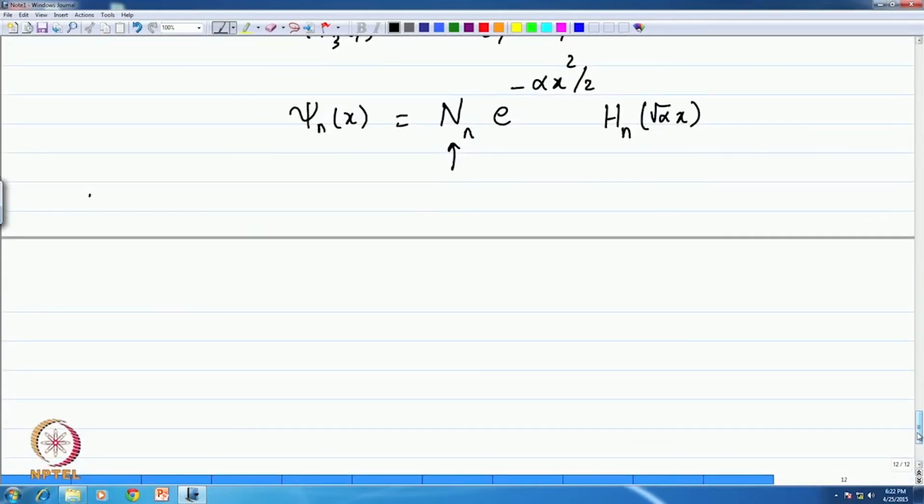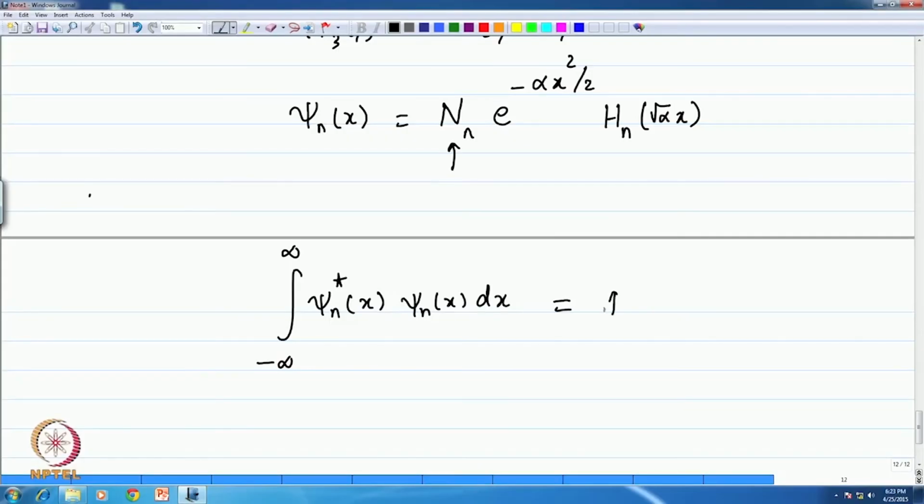And of course, N is such that the integral of psi n star, which in this case is the same as psi n of x, times psi n of x dx, between the limits minus infinity to plus infinity, because the harmonic oscillator position coordinate can go in the negative direction as well as in the positive direction.